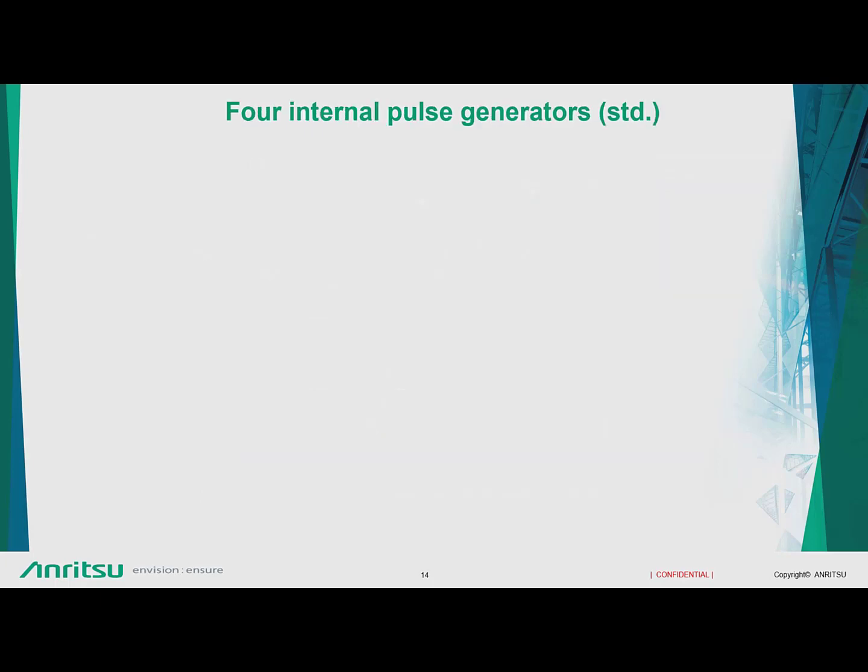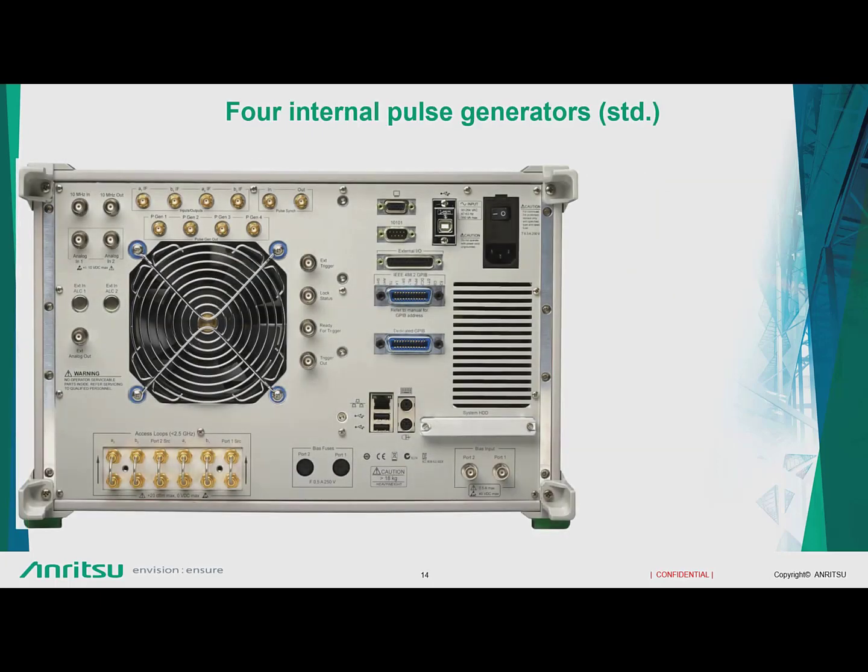Now, when you want to drive or test your DUTs with a pulse system, of course you will need pulse generators, right? So in our VectorStar, which is the highest performance vector network analyzer that Anritsu has, you can see that there are 4 pulse generators: PG1, PG2, PG3, and PG4.